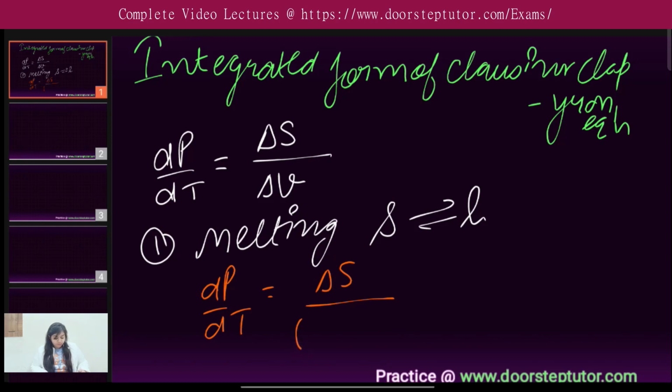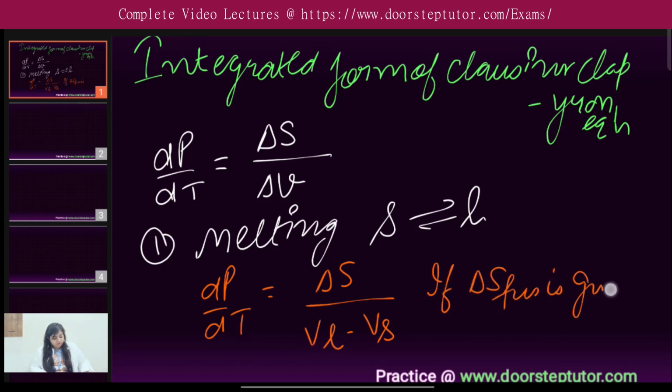That change in the volume will be volume of the liquid phase minus the volume of the solid phase. You are going to make use of this expression when the value of the change of entropy, delta S for this particular reversible phase transformation, is given to us.